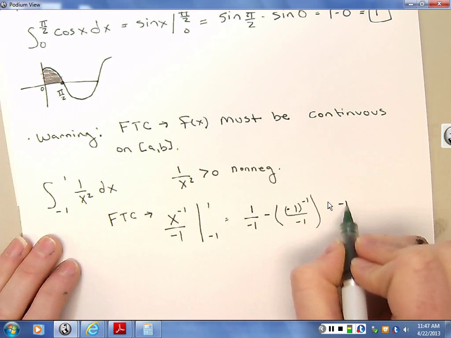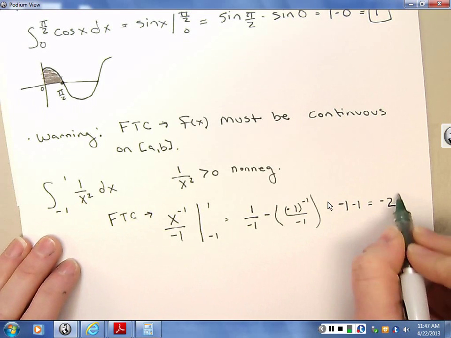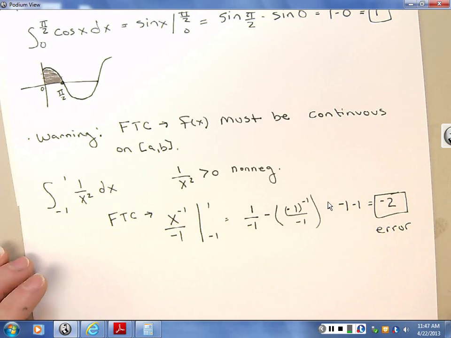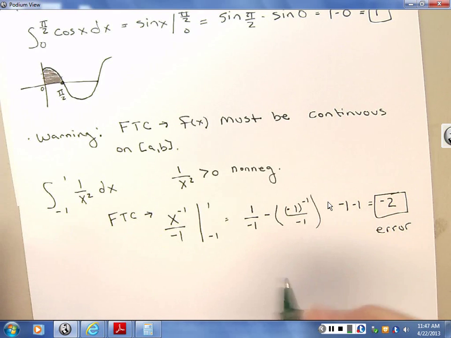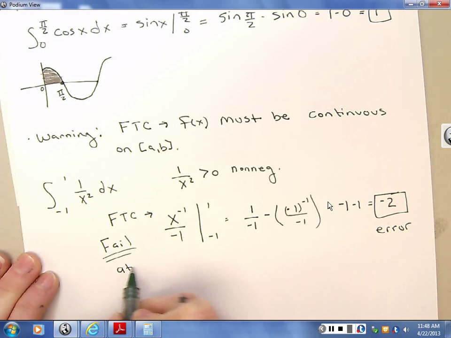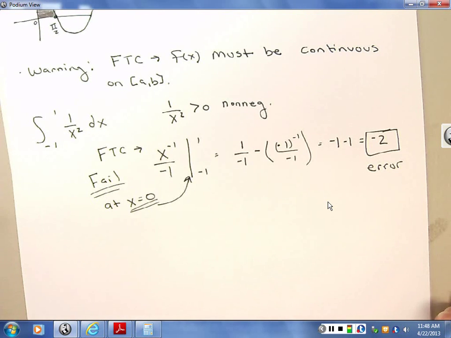So I have minus 1 minus 1, which is minus 2. That gives me an error, right? How could a positive function have a negative area? It's because the fundamental theorem of calculus fails at x equals 0, which is in this interval. So I can't apply the fundamental theorem of calculus to something that has a discontinuity in the interval.